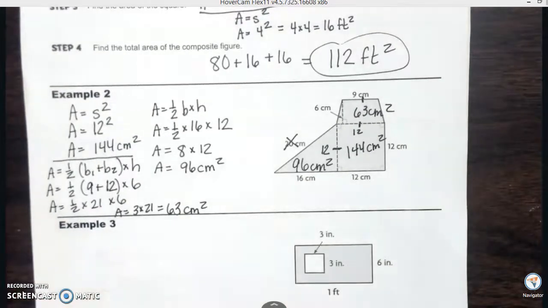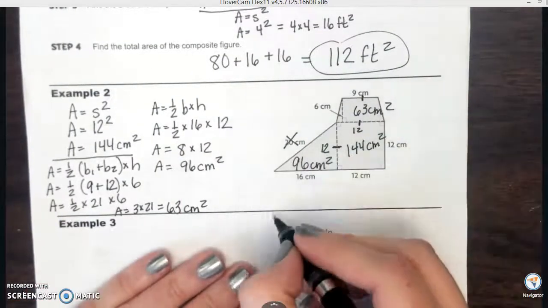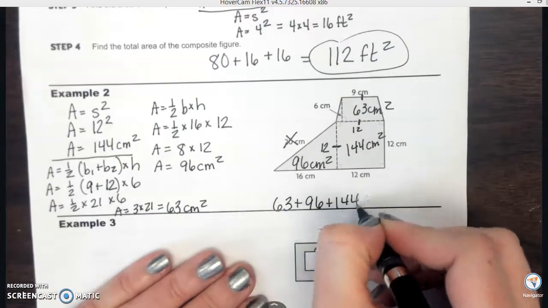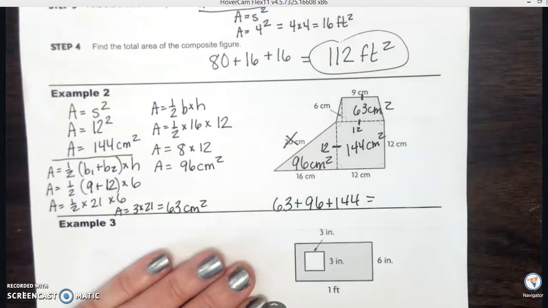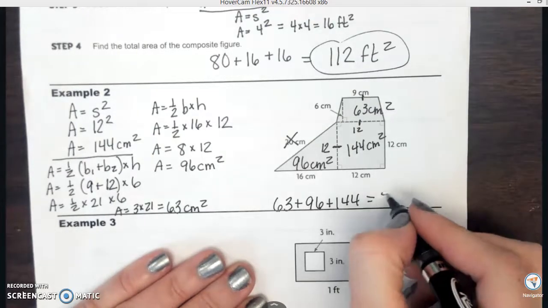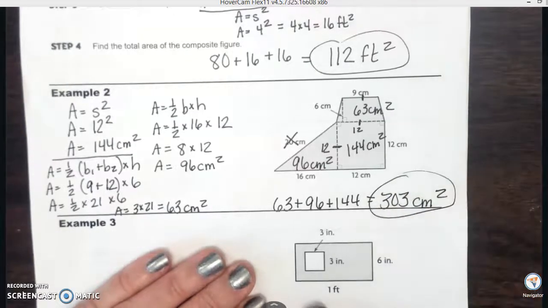Alright, so my last step is going to be to add those three shapes together. So I've got the 63 plus the 96 plus the 144. And we get 303 centimeters squared as our answer.